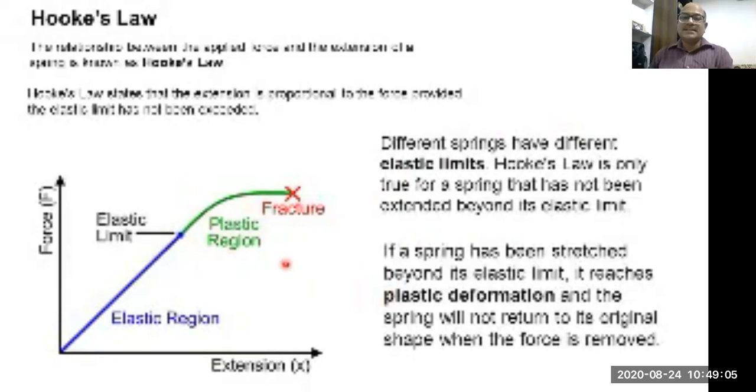So you must understand that Hooke's law shows in a very good manner up to what limit we have to apply force, as per the elastic limit of different materials.